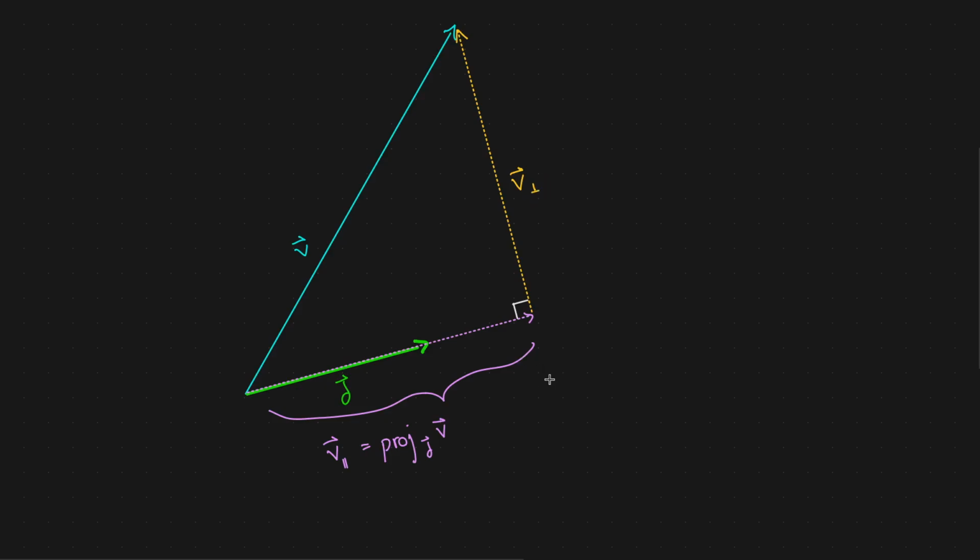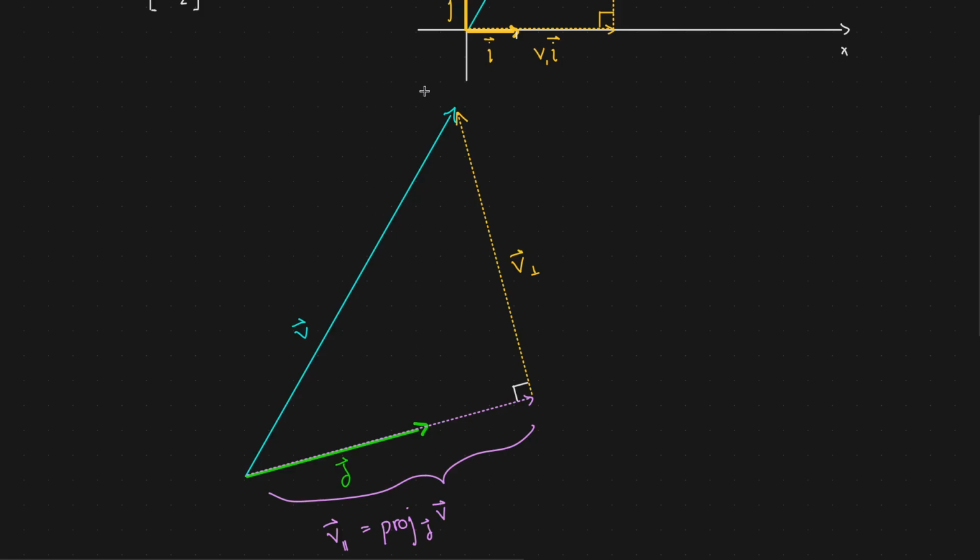The idea here is if you imagine sun shining down on vector v, where d is the ground and the sun's right overhead, the projection is going to be the shadow of vector v onto vector d, onto the ground.